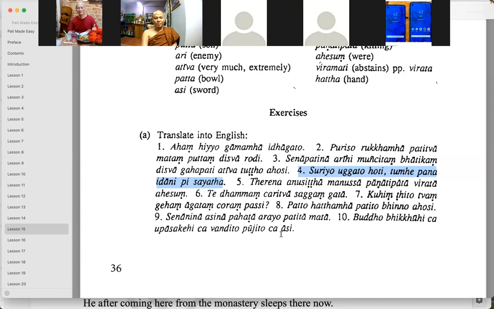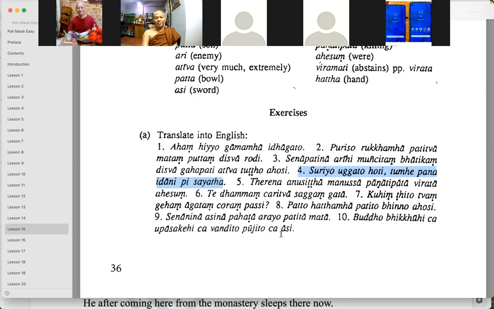Tumhe is you, plural. Pana is but. Idani is now, an adverb of time. Pi can also be even, or still. Sayatha is second person plural because of the ending THA.